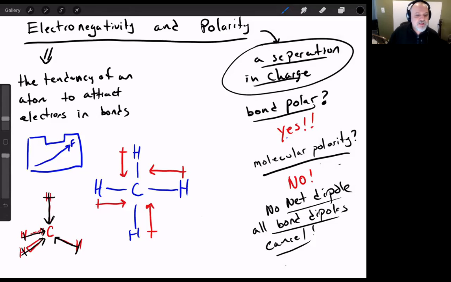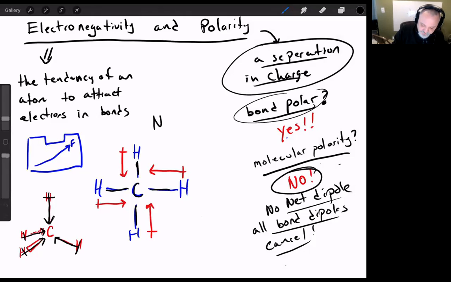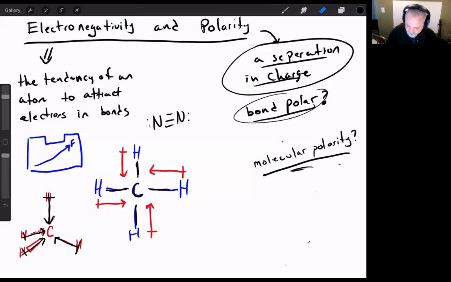Everything around the central atom is exactly the same. Carbon bound to a hydrogen, to a hydrogen, to a hydrogen, to a hydrogen. 4 bonds to a hydrogen, nothing is different, nonpolar. So if everything is the same and nothing is different, the molecule is nonpolar. The only way that the bond is nonpolar is if it's the bond between 2 identical atoms. So let's do one last example of this polarity business and we'll be done.